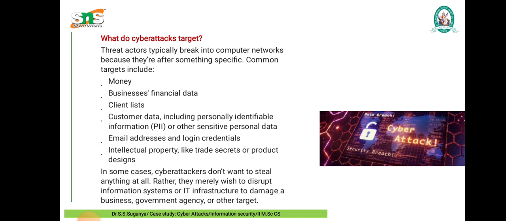It also includes email addresses and login credentials, and intellectual property like trade secrets or product designs. And in some cases, cyber attackers don't want to steal anything at all. Rather, they merely wish to disrupt the information system or IT infrastructure simply to damage a business, government agency or other target.